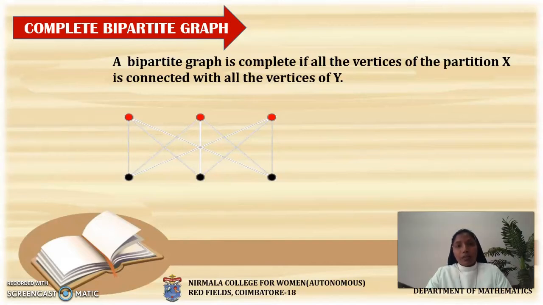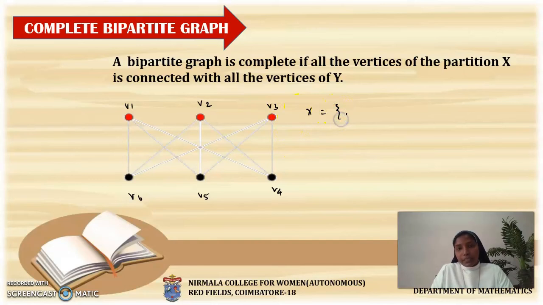That is, every vertex of Y will be connected with the vertices of X. For an example, if we consider this graph, here we have 6 vertices and the partition can be X and Y, X is of elements V1, V2, V3 and Y is of elements V4, V5 and V6.